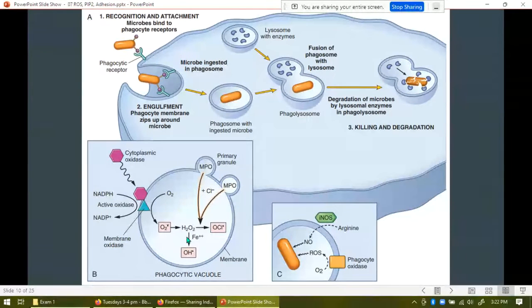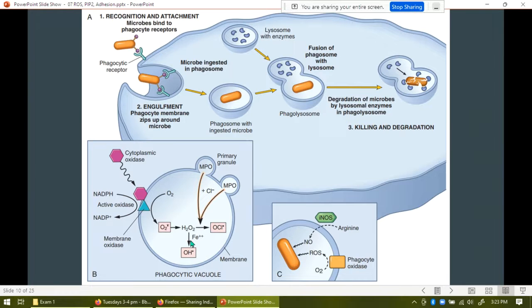That is converted into hydrogen peroxide by way of superoxide dismutase, and then that's converted into hypochlorite by way of myeloperoxidase. And hydrogen peroxide also naturally decomposes into the hydroxyl radical, which is toxic as well. So you're producing a number of different reactive oxygen species by first synthesizing this and then converting it into other stuff.